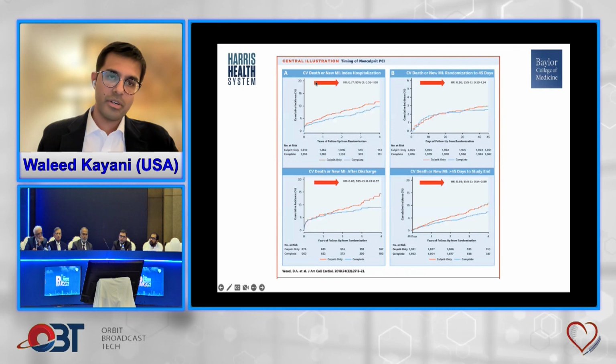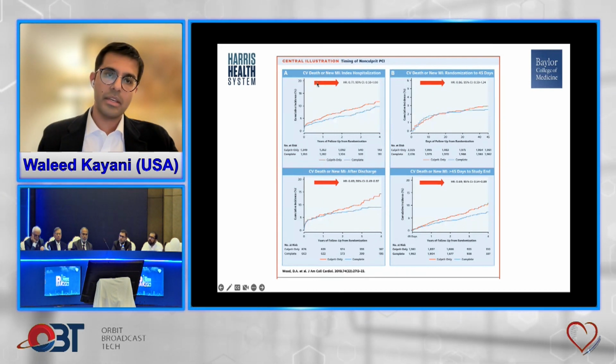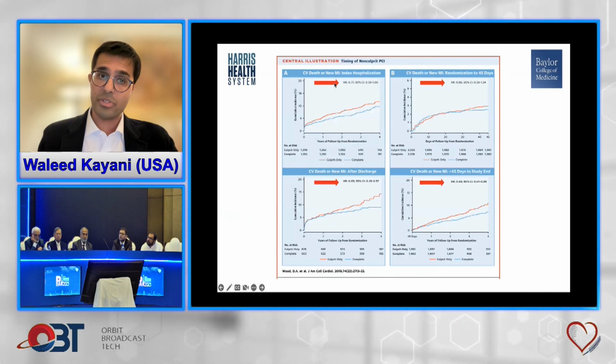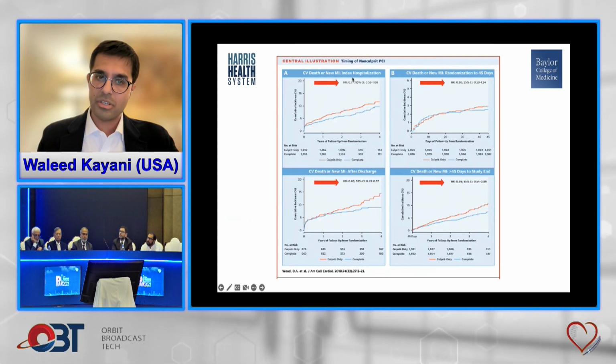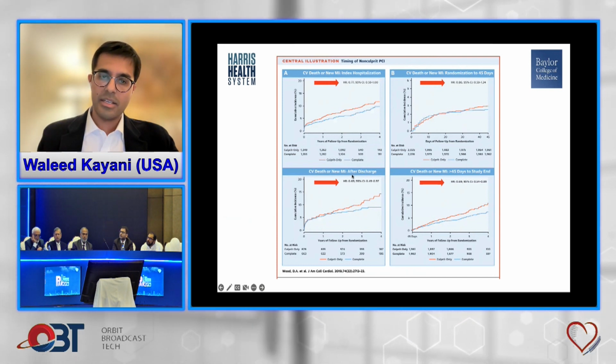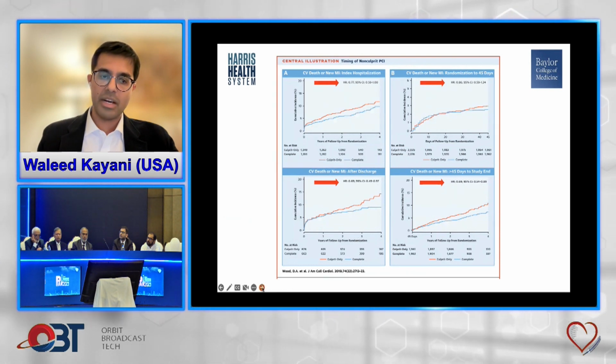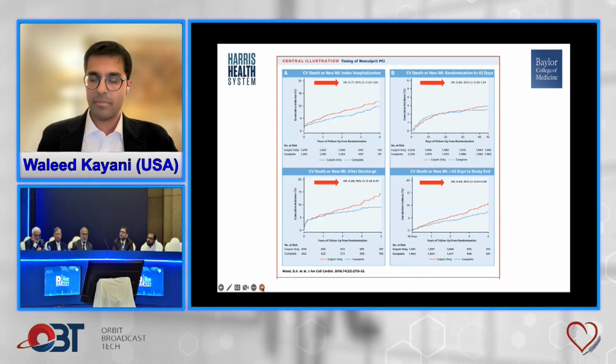What they also showed here, shown on the left, is that if the non-culprits were stented during the index hospitalization or after discharge, within the 30-day period, there was a significant benefit favoring complete revascularization compared to culprit-only.